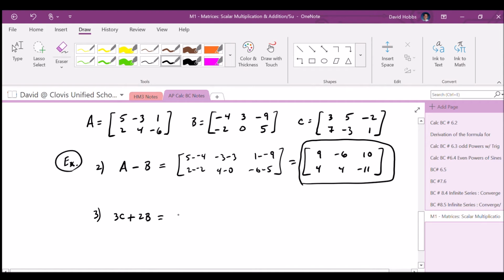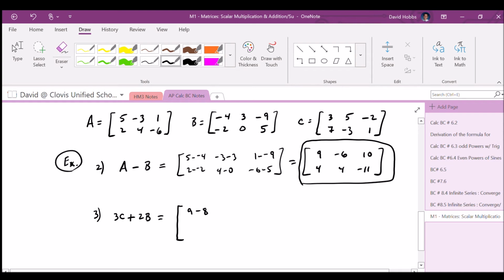This would be the least amount of work I should see. I do not want to see just a final answer on something like this. I want to see at least one step before the final answer. So 3C, scalar multiplication of 3 times that one, so I've got 9, and then 2B, so plus 2 times negative 4, so minus 8.